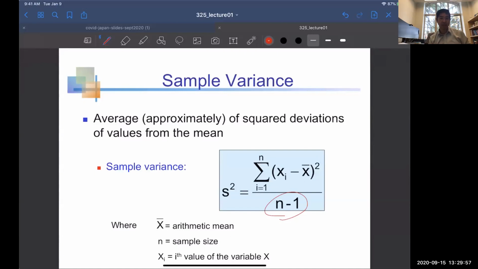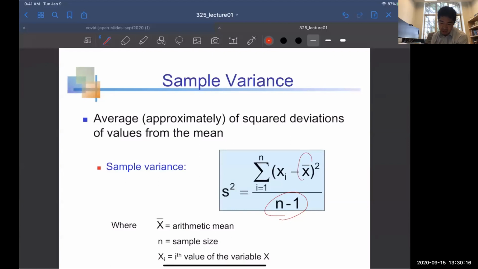Using this randomly drawn subset, you compute the so-called sample variance. It is computed very similarly to the population variance, except for two differences.